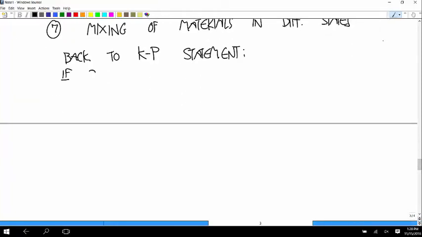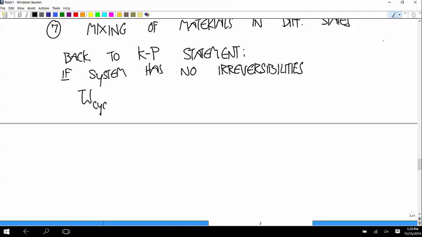If your system has no irreversibilities, and remember this system is still in contact with a single thermal reservoir, then the work done by a cycle is equal to 0.